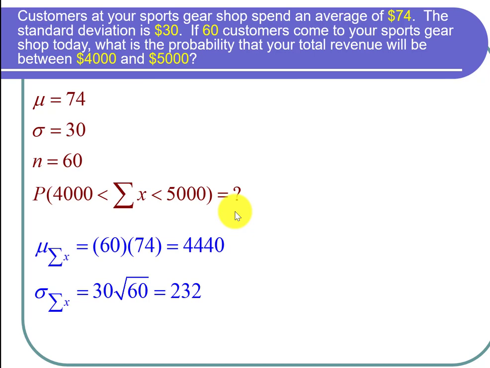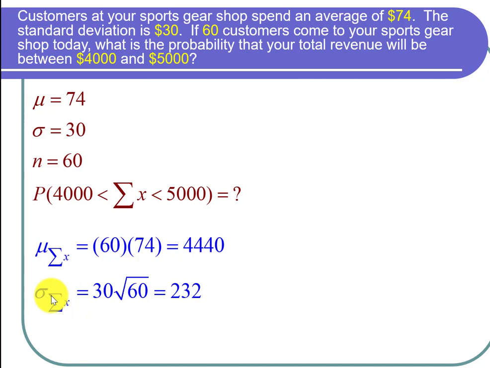And what that says is that the mean of all possible sums of size 60 is equal to 60 times the mean per receipt, which is 74. So mu sub sigma x is equal to 60 times 74, which I worked out as 4,440. Next, the standard deviation of all possible totals or sums.